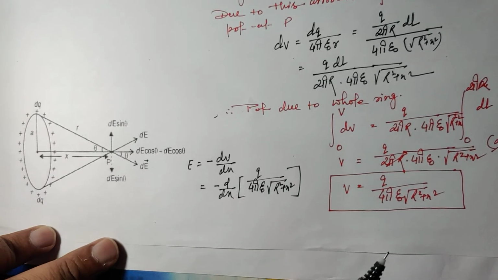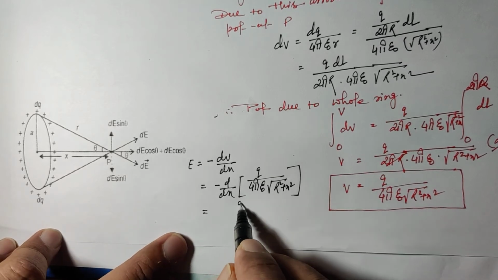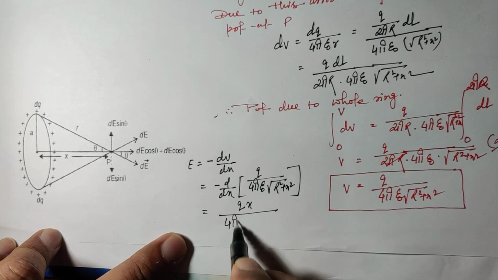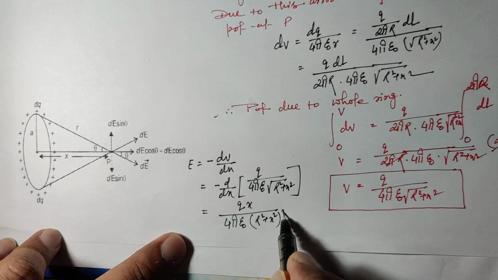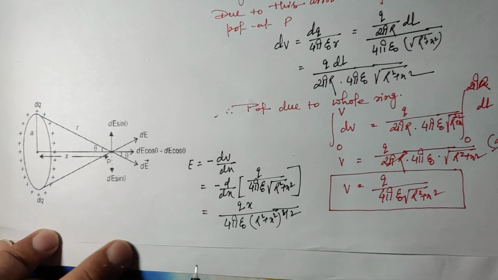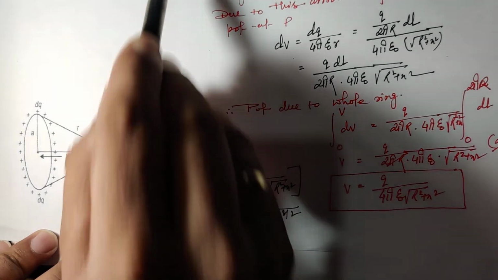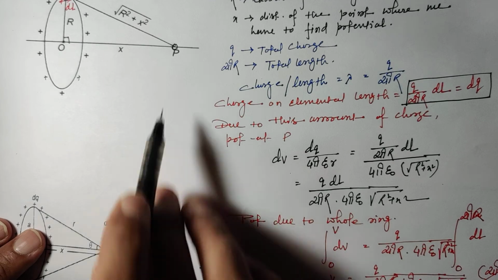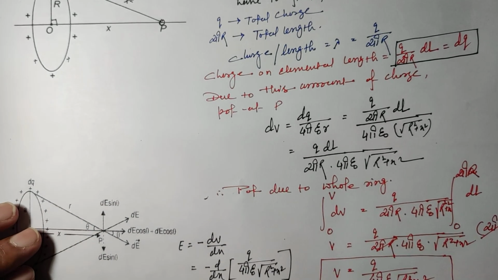On differentiating this expression, you can do it yourself, we will get Q x by 4 pi epsilon naught into R square plus x square to the power 3 by 2. And this is the expression for intensity at the same point P, that is at a distance x from the center of the ring.